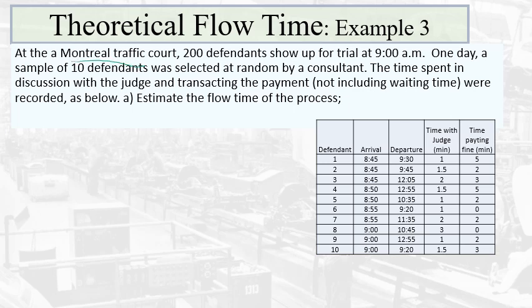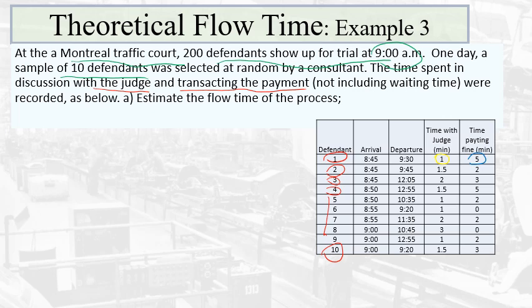This is a Montreal traffic court, and we have 200 defendants showing up for trial at 9 in the morning. One day, a sample of 10 defendants. So these are the sample of 10 defendants, and the time spent discussing with a judge and transaction of payment. So each defendant is meeting the judge and speaking to the judge, and then they're spending some time to pay the fine.